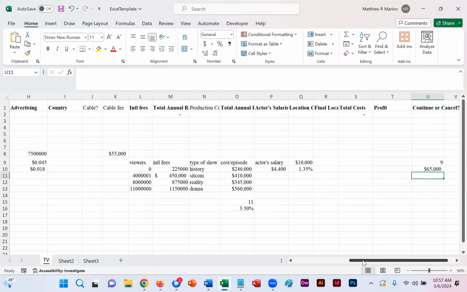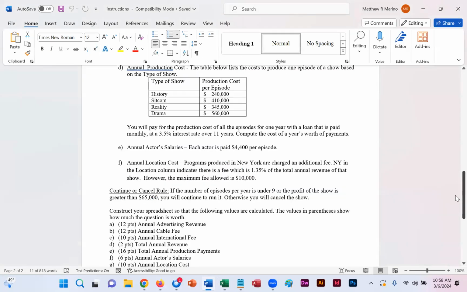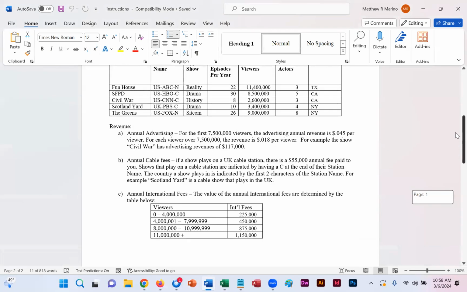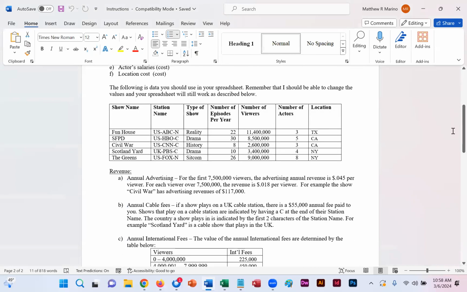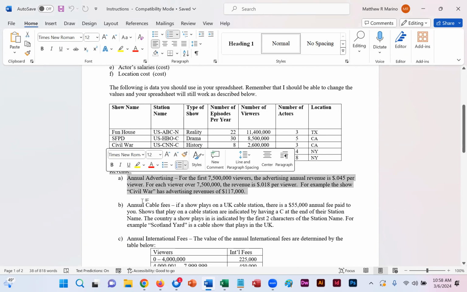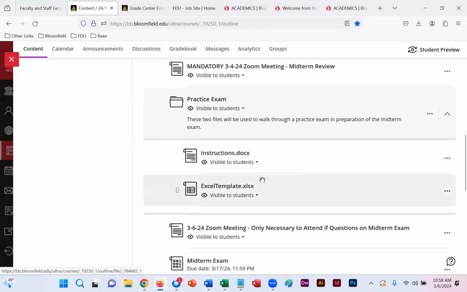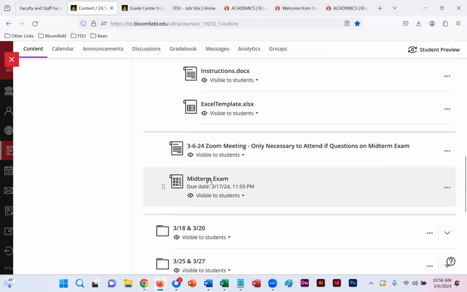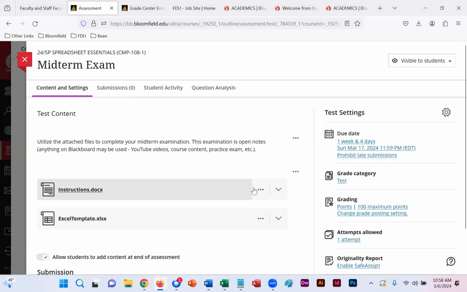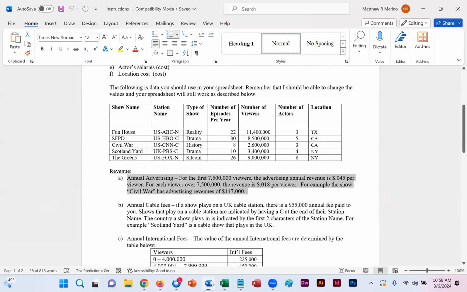Like I showed you on Monday, as you're going through this and you think you completed something, you can go ahead and delete those instructions, because you could always go back onto Blackboard, click midterm exam, and download the instructions again if you needed to.